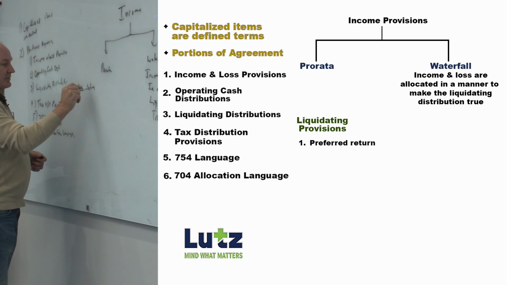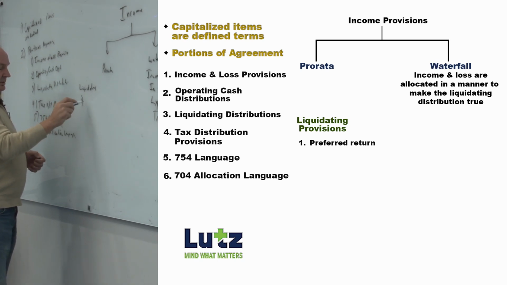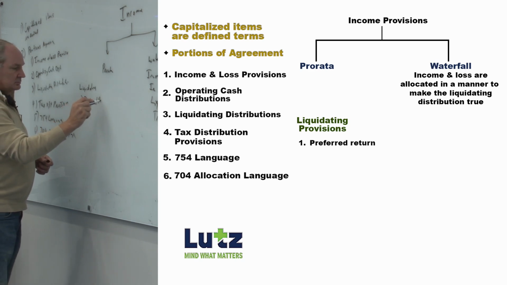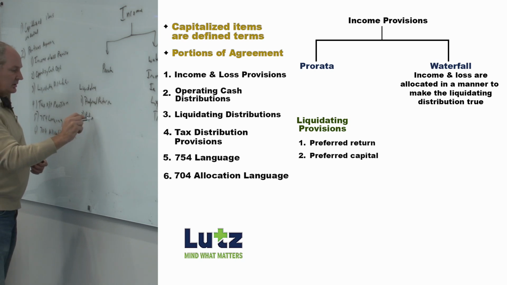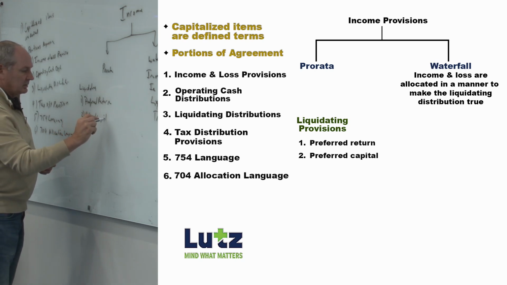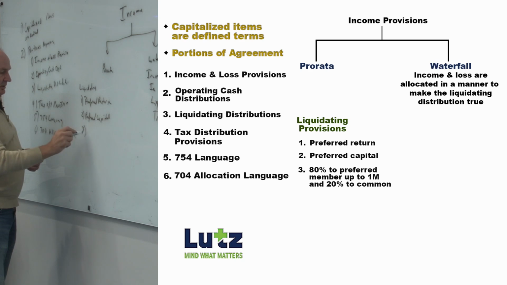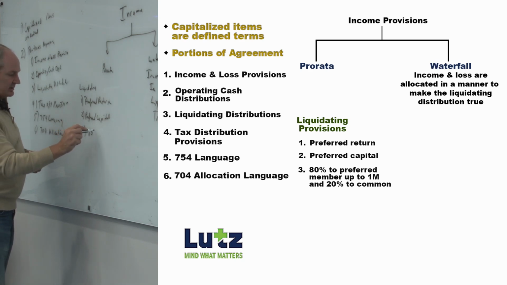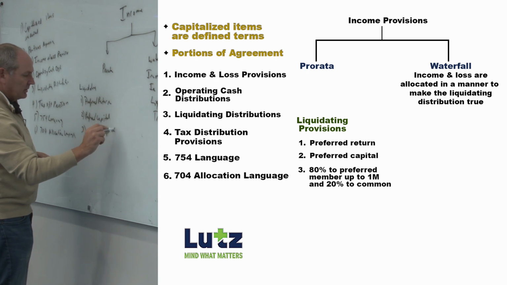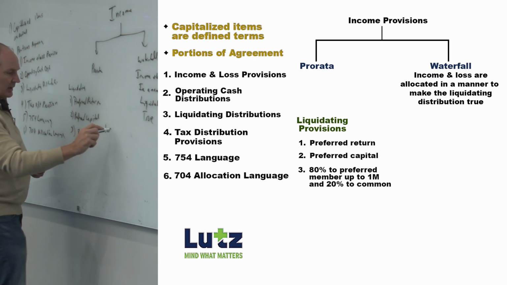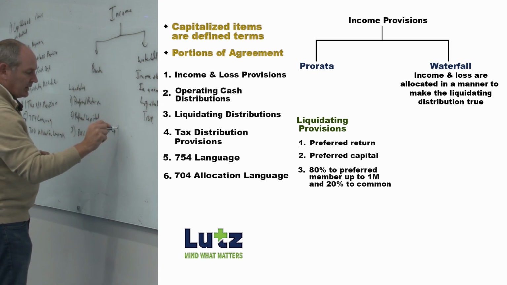So let's say our liquidating provisions in this hypothetical are: 1, preferred return; 2, preferred capital; 3, 80% to preferred member up to $1 million.